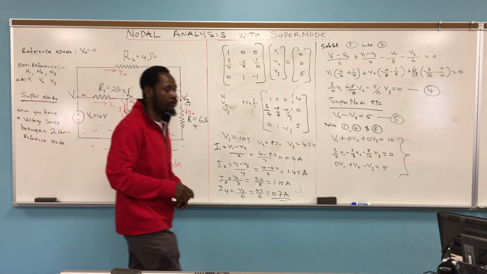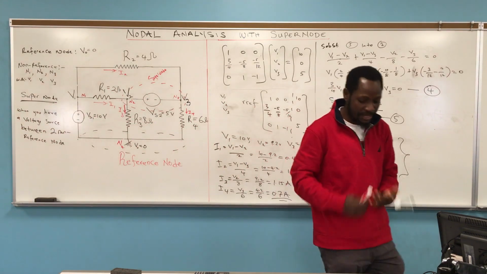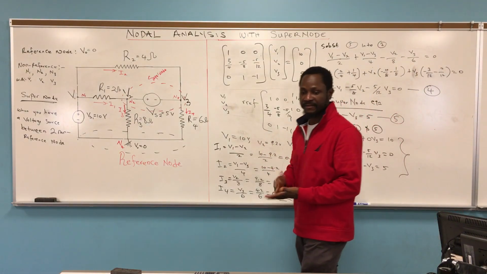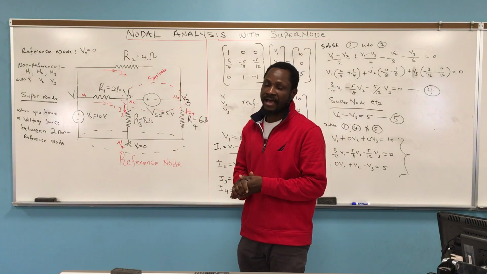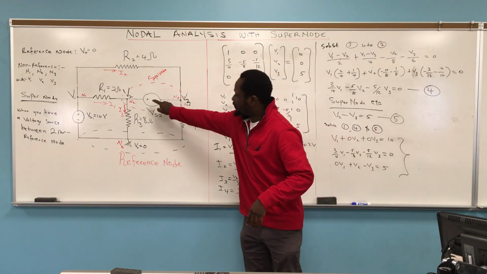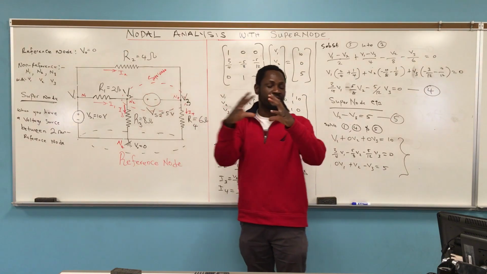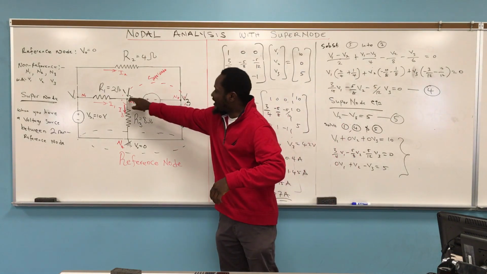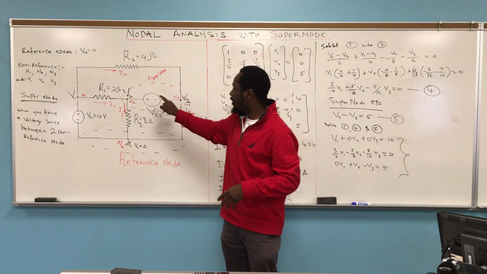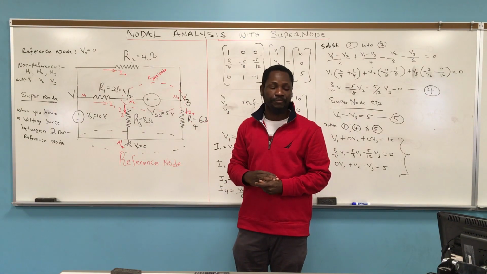So when you have a voltage source, you can still use nodal analysis to find all the currents and voltage drops. Just know that your supernode is treated as one, and you get another equation by finding the voltage difference between the nodes, equating it to the voltage source in between.